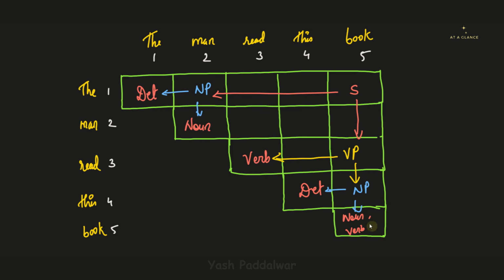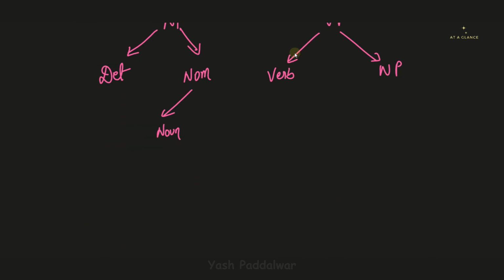Determiner was not getting combined with verb. So that is why we'll write determiner and noun as per the rules. Now, as we know, noun is not directly accessible. So first we'll write nominal and then we can write noun.